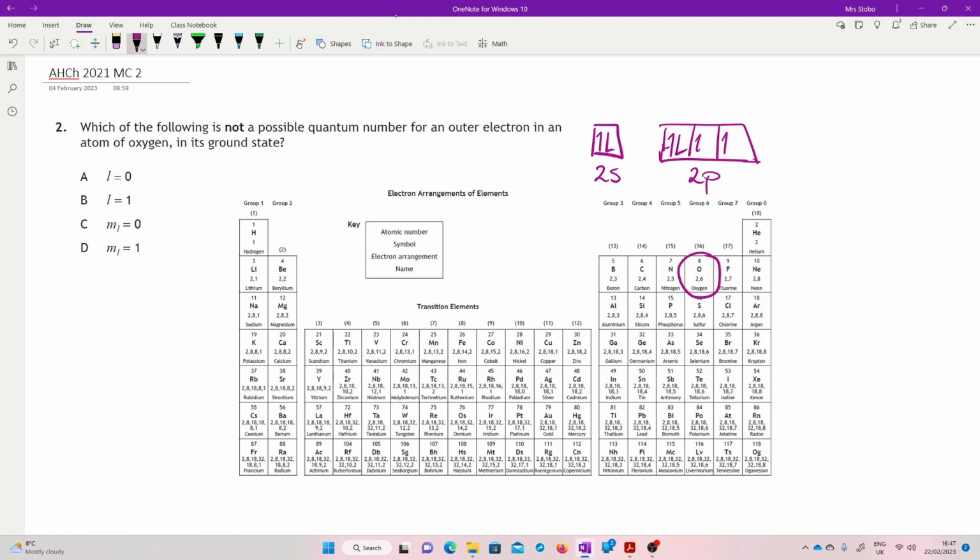Okay, so we're looking for which is not a possible quantum number for an outer electron in an atom of oxygen. So these are my outer electrons in the 2p subshell. For a start, they're not asking you for n, which is your principal quantum number, for energy level, it's all 2, but they're not even asking you for it. And they're not asking you for ms, which is your spin, which is either plus a half or minus a half, also not there. So what we've got is orientation in the ml and l for your subshell type. So subshell, we just need to know, this is n minus 1.